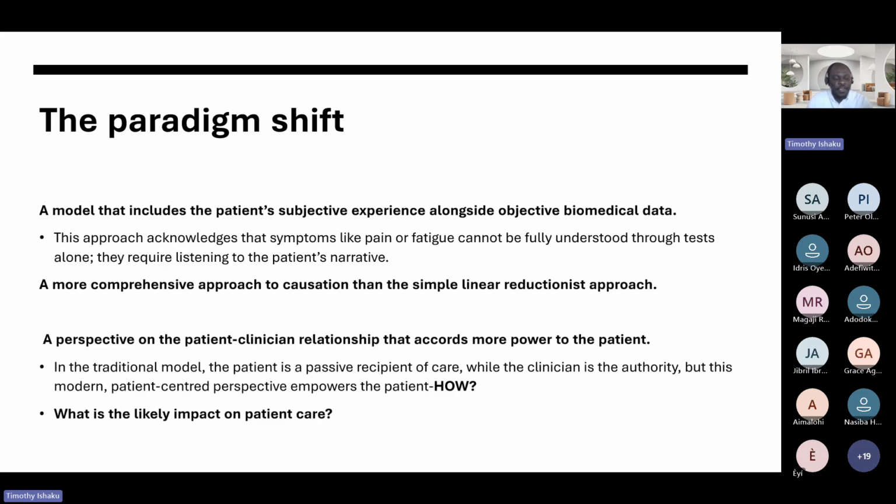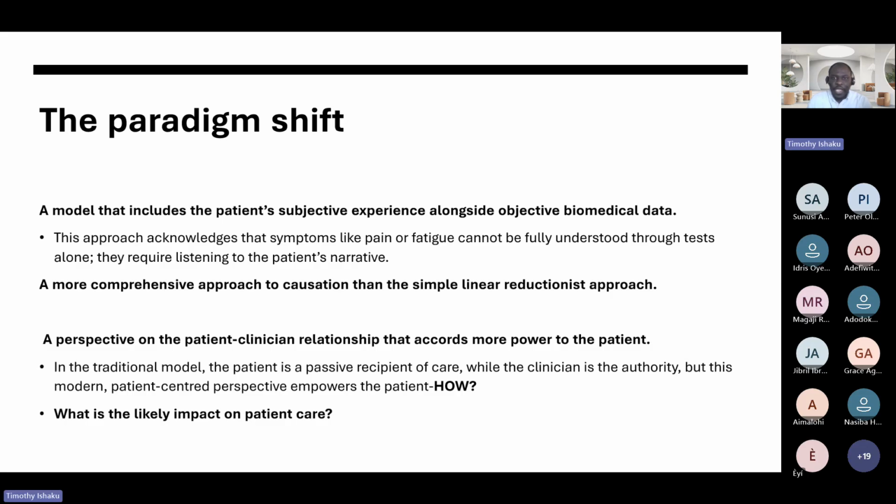But the shift is to a modern patient-centered perspective, which we talked about. That perspective empowers the patient. There is no point in you telling them to go and do exercise. You can't threaten them. They will go back home and throw away those exercises and lie down in bed and eat their ewedu and bakery. And there is nothing you can do about it. And you come back the next time saying, oh, have you been doing those exercises?